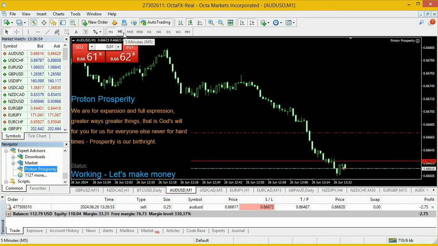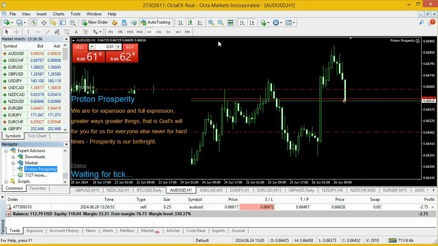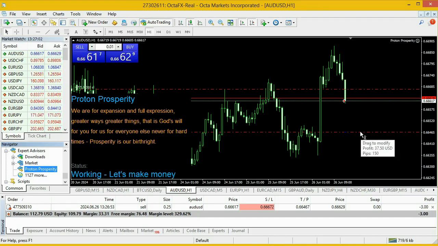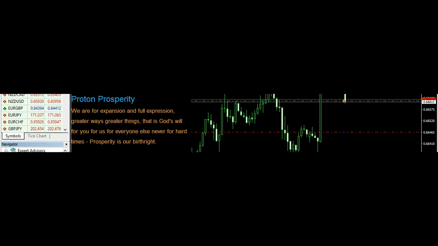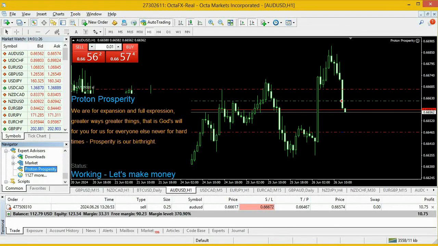Sell position executed. Our stop loss, and take profit. This is where we are, 35 minutes into the trade.